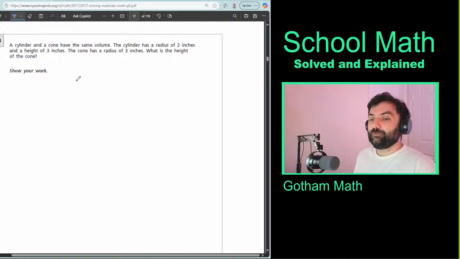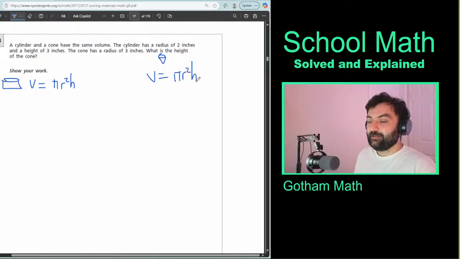First of all, you need to know the formulas. All right. So volume of the cylinder is pi times radius squared times height. So that's the cylinder. Okay, so volume for the cone is basically everything the same.